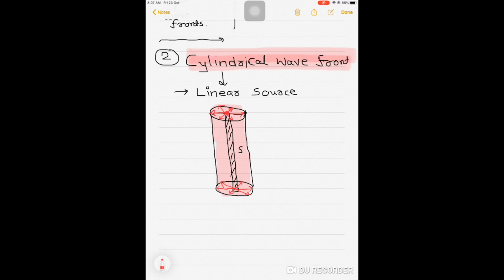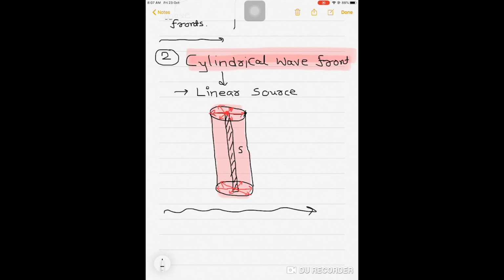As I have said, the tube light in general is considered a linear source. If a tube light is kept on and we see the aura of light around it, we find that it is cylindrical in shape. In the same manner, now we move further and find the third type of wavefront.